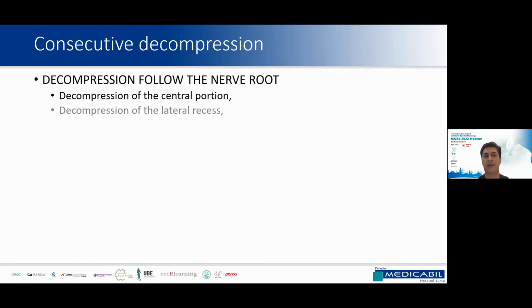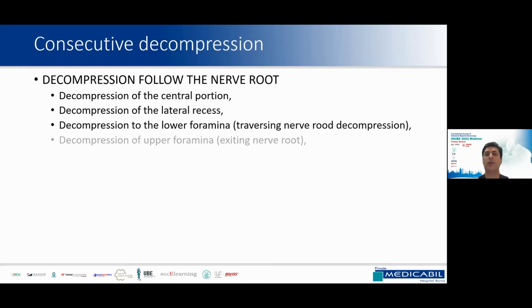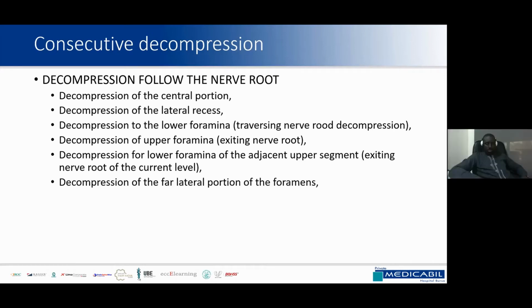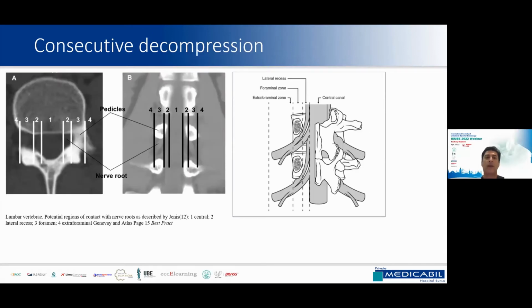It means that we should follow the nerve root. We should decompress the central portion, the lateral recess, the lower foramina, the upper foramina, the lower foramina of the adjacent upper segment for the exiting nerve root, and the lateral portion of the foramens if needed. And you see some zoom.